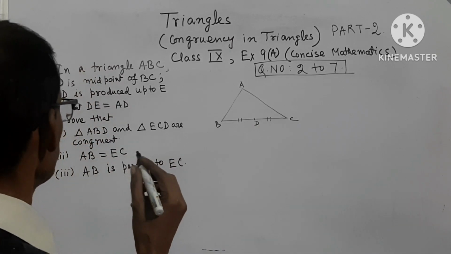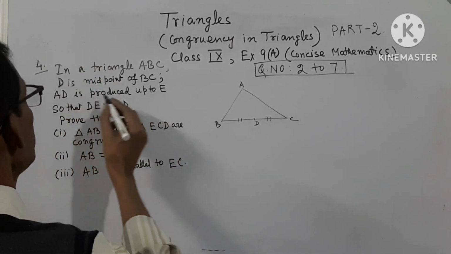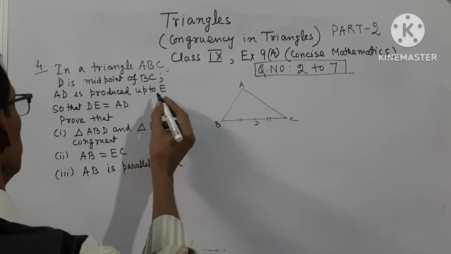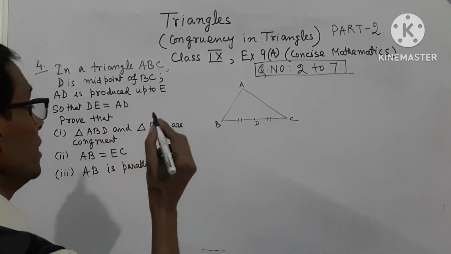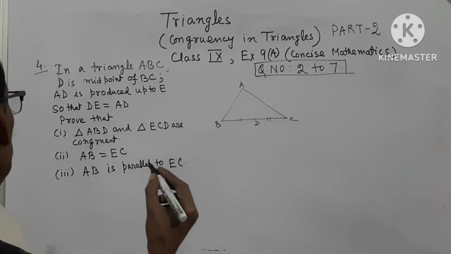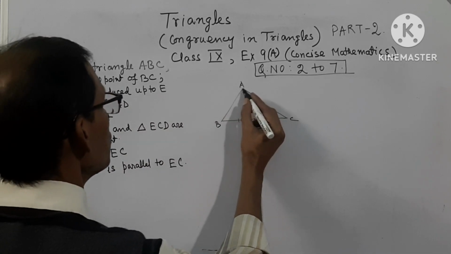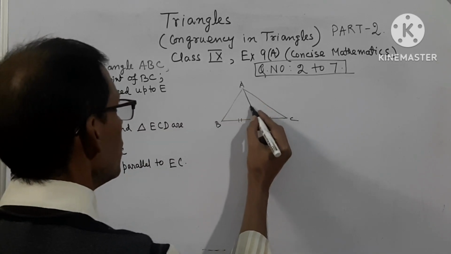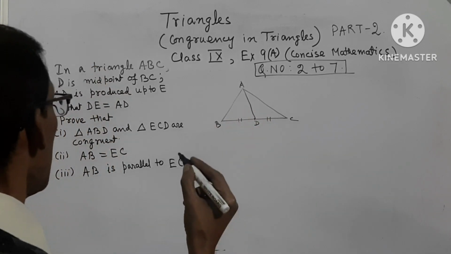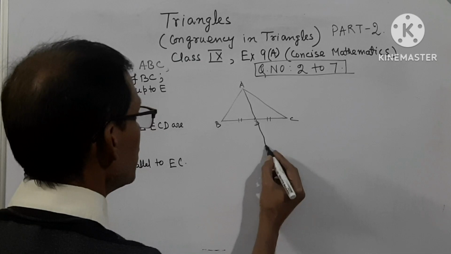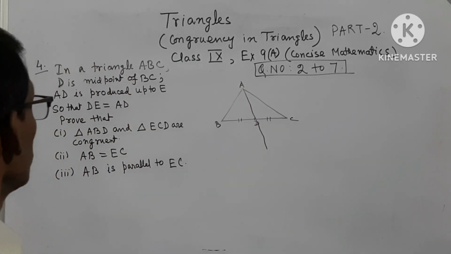AD is produced up to E so that DE equal to AD. You could understand that you have to join AD and you have to produce AD. That means you have to take it straight. How much?